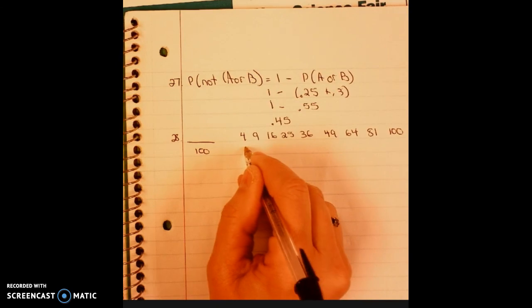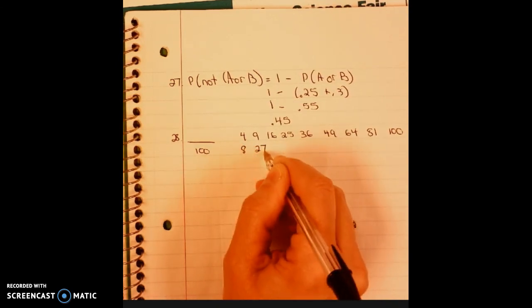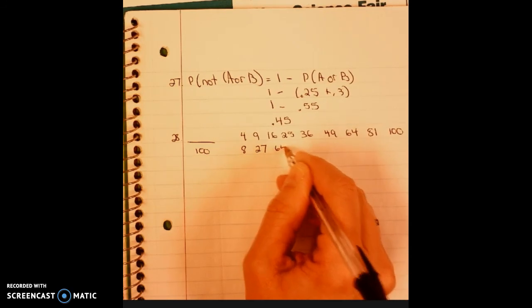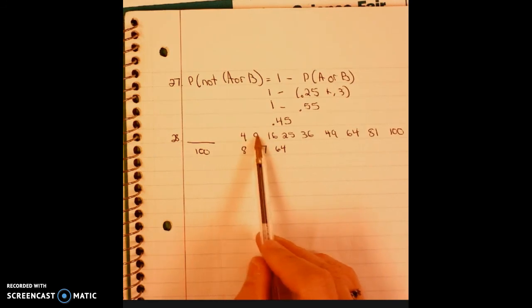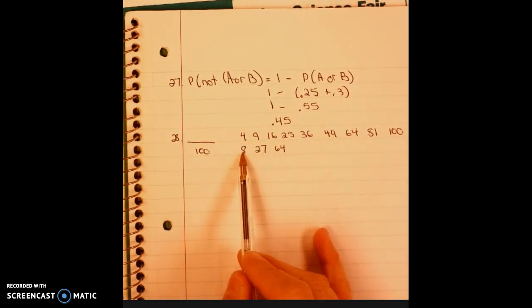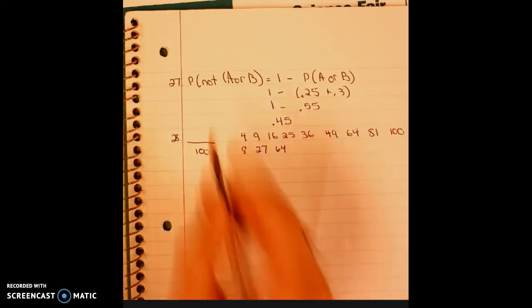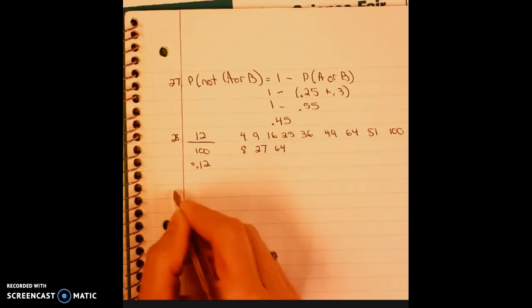Perfect cubes. Well, 2 to the third would be 8, 3 to the third is 27, 4 to the third is 64, and 5 to the third is 125. So we've got 1, 2, 3, 4, 5, 6, 7, 8, 9, 10, 11, 12. So 12 out of 100, or 0.12.